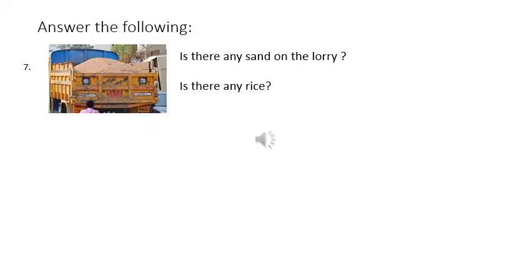Now both rice and sand are uncountable. You cannot count them. So the question begins with is there. Okay? And when the question begins with is there, your answer should begin with there is.